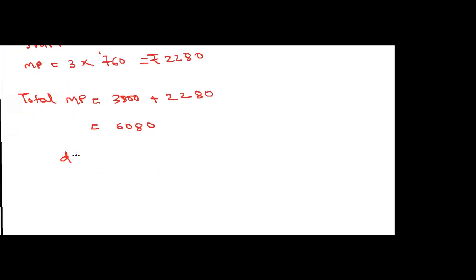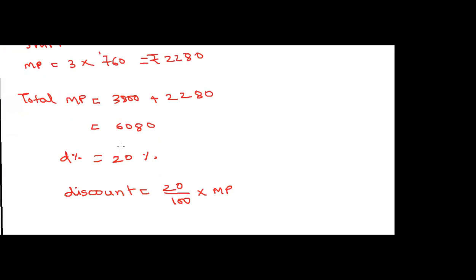And now students, on this we're going to calculate the discount. Discount is given as 20%. So how to calculate the selling price? Simple. First of all, we're going to calculate the actual discount. Discount is always calculated on the mark price.